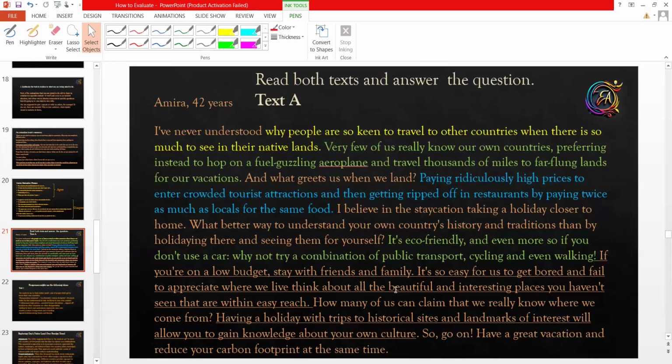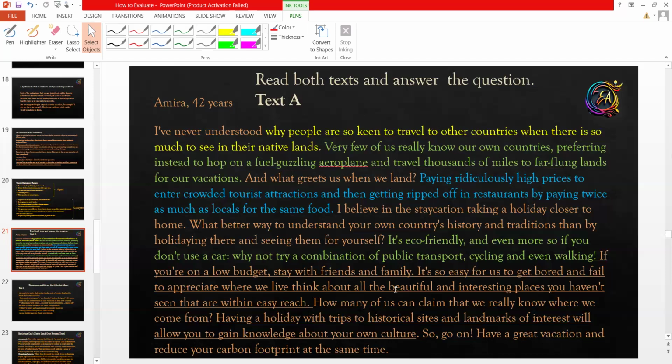Very few of us really know our own countries, preferring instead to hop on a fuel guzzling aeroplane and travel thousands of miles to far flung lands for our vacations. And what greets us when we land? Paying ridiculously high prices to enter crowded tourist attractions and then getting ripped off in restaurants by paying twice as much as locals for the same food.